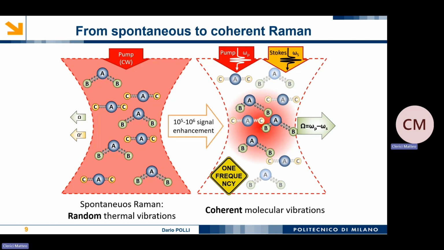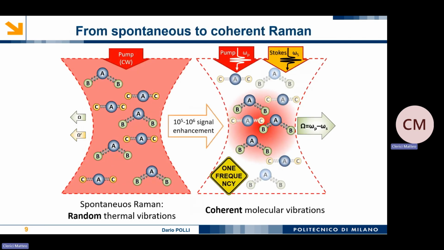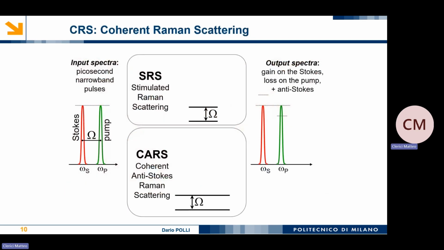Okay, so in standard implementations, coherent Raman is super fast but single frequency in nature. So in our lab, we pushed in the last 5-10 years the technology towards broadband coherent Raman, in order to retrieve the entire spectrum of spontaneous Raman, keeping the high-speed nature of coherent.